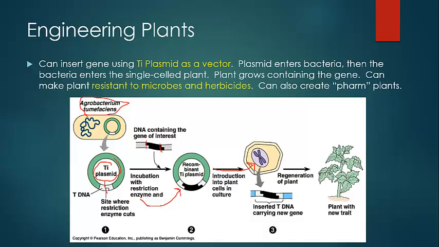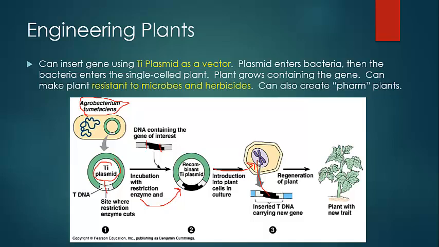Now we know that plant cells do not normally contain plasmids, so we are artificially inserting this plasmid into the plant cell. The Ti plasmid is unique because once it has been inserted into the plant cell, it is going to take that gene of interest and insert it into the host cell's genome.